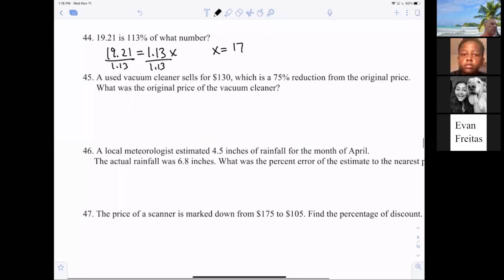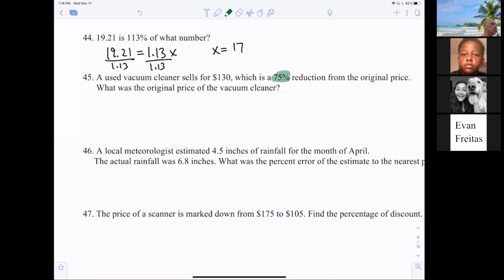Okay, so now here is a tricky one again. You go to the store and you see a used cleaner for $130. That's a 75% reduction. What was the original cost then? If it was a 75% reduction, what percent did you pay for it?